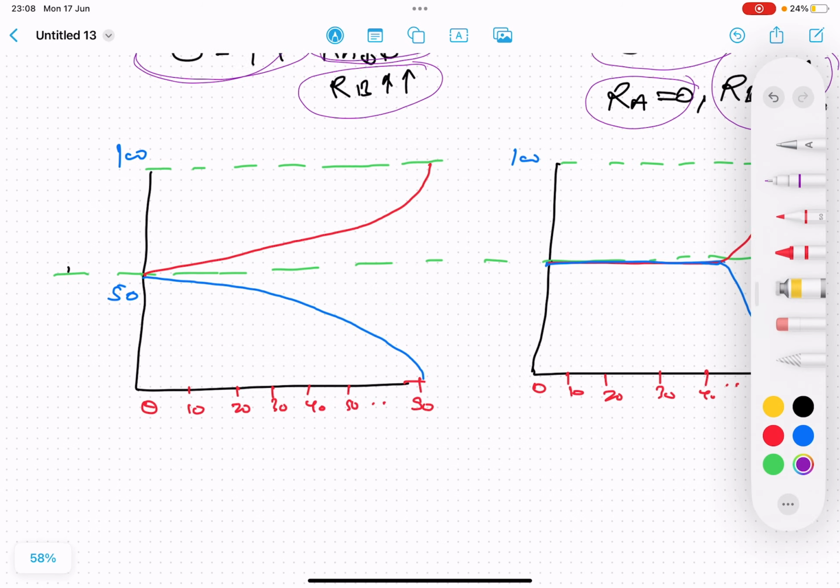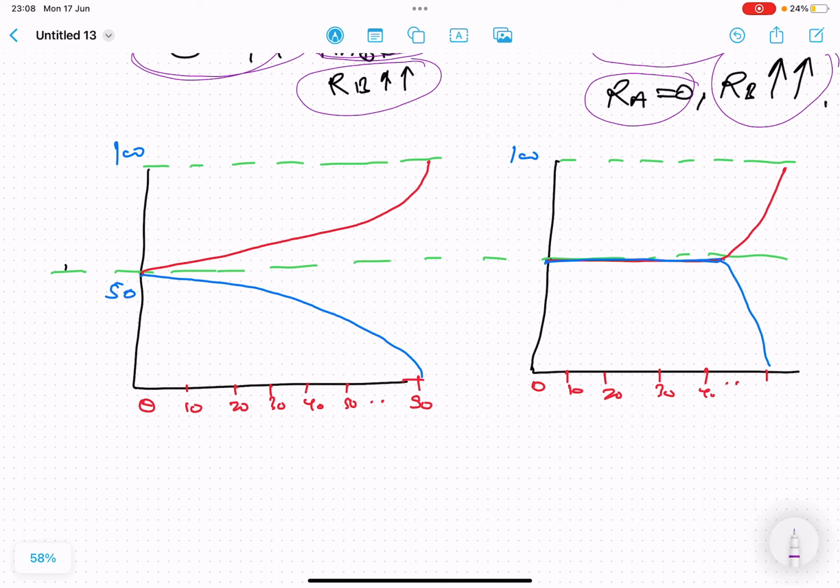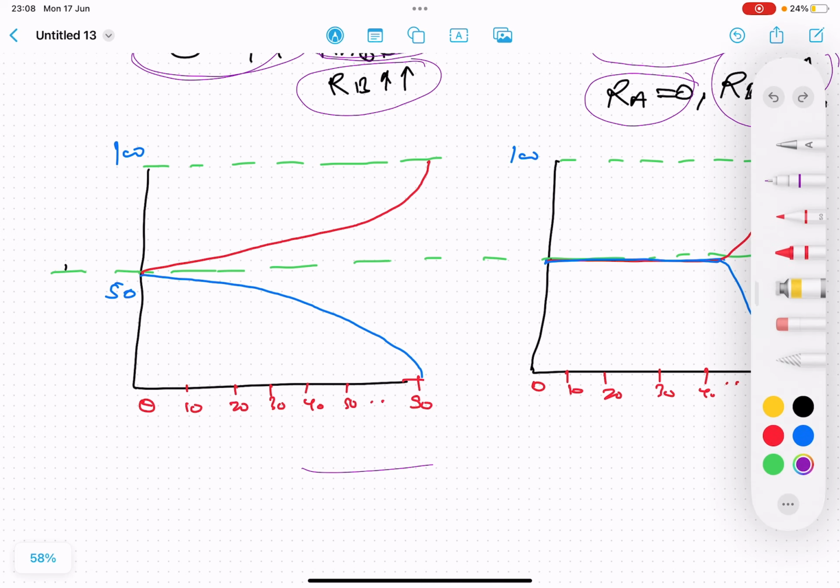If we plot the graph over here, initially in this case where the tailing point, we are considering this case.